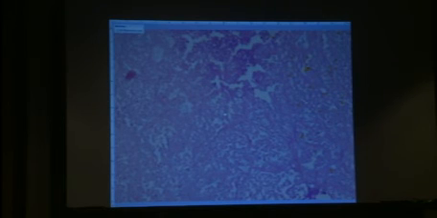When I see those clear cells, that's what I'm thinking. So my working impression right now is some sort of benign myoepithelial lesion like pleomorphic adenoma or some sort of salivary gland type lesion in the breast.